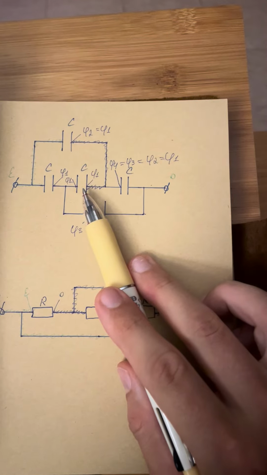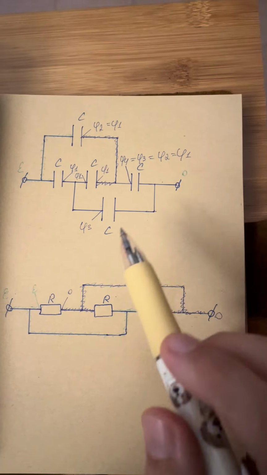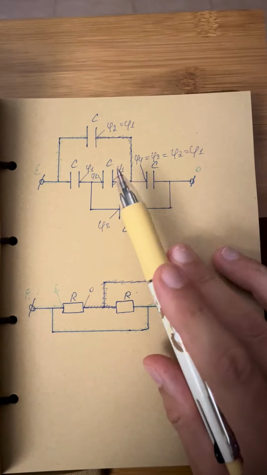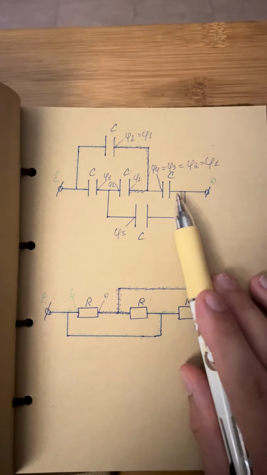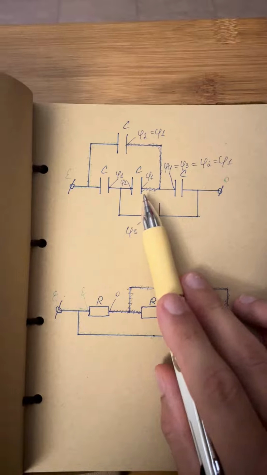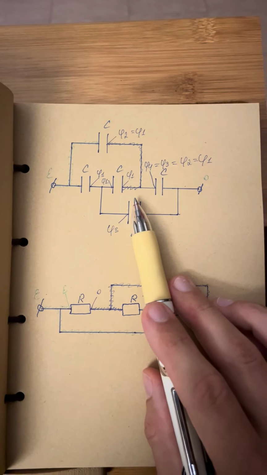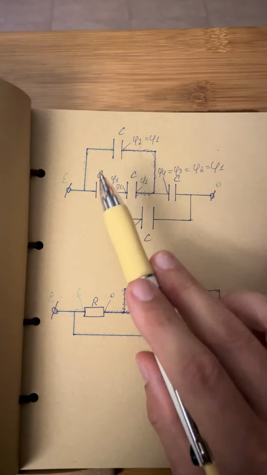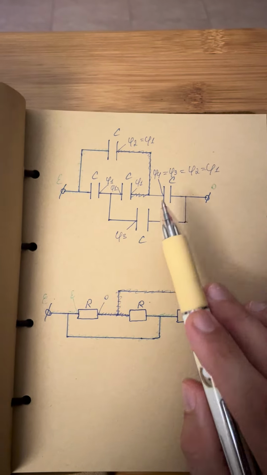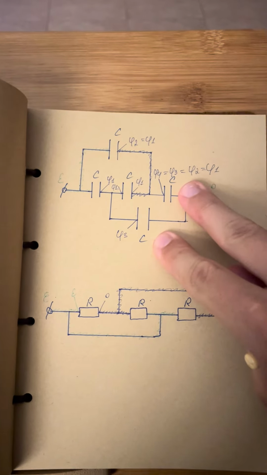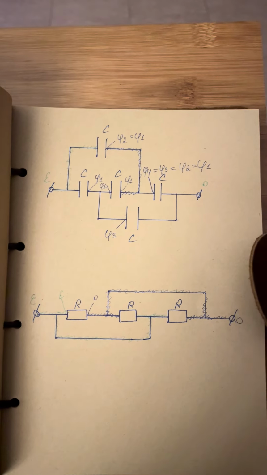It means that actually it's the same as if we have no capacitance here. We have just this one, this one, this one, and this one. And now if you erase this capacitor, what will you get? You will get two capacitors in parallel here, two capacitors in parallel here, and these two pairs will be connected to each other in series.